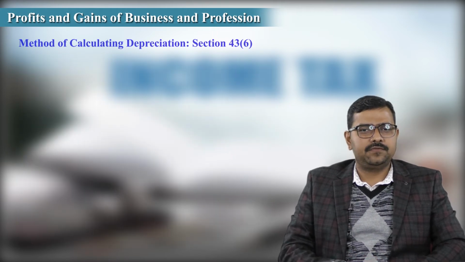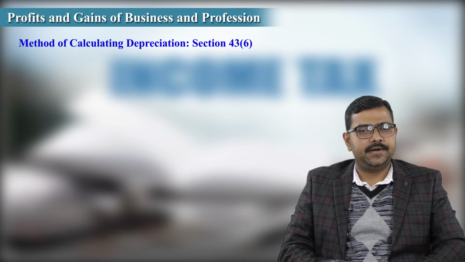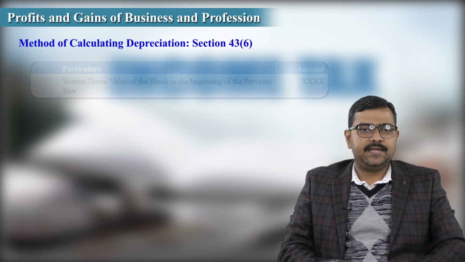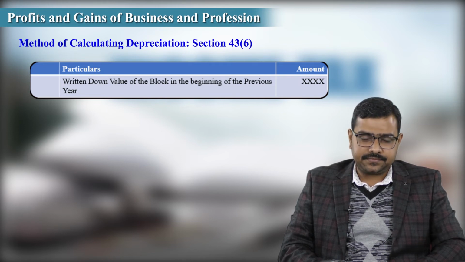Next, we have the method of calculating depreciation, which is defined under section 43 subsection 6. The method of computing depreciation is mentioned under section 43 subsection 6 of the Income Tax Act, which is as follows. First of all, we will take the written down value of the block of asset in the beginning of the previous year.